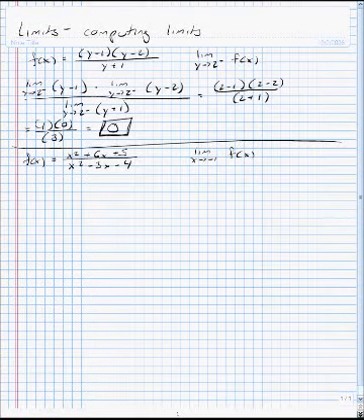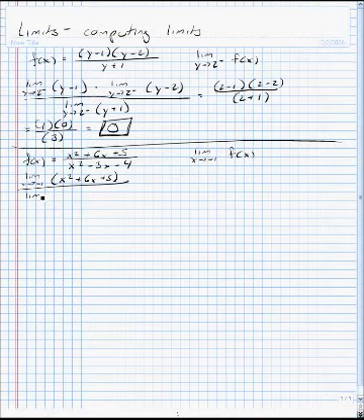Now we'll do similar to what we did in the last problem and split the limits up as the limit as x approaches negative 1 of x squared plus 6x plus 5 over the limit as x approaches negative 1 of x squared minus 3x minus 4.